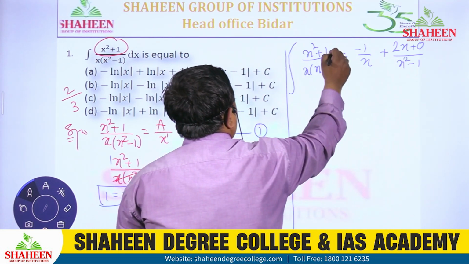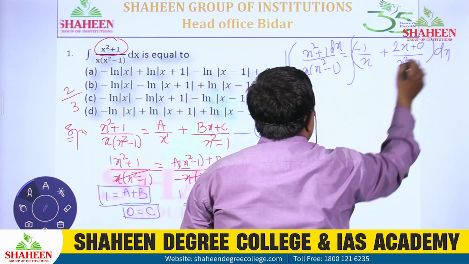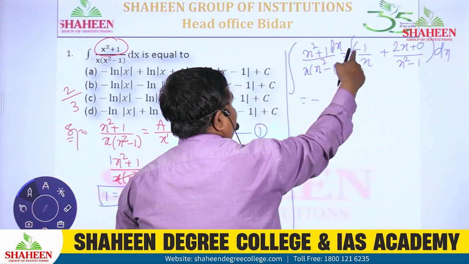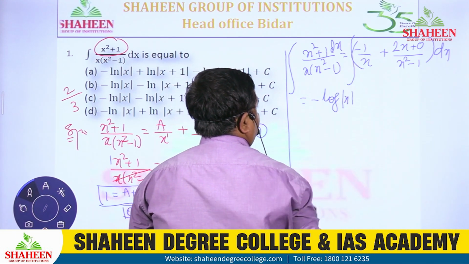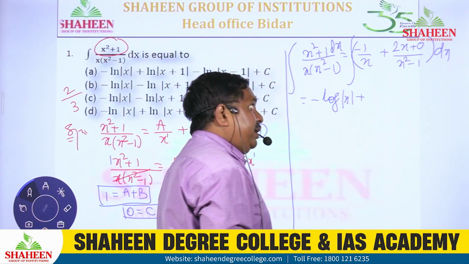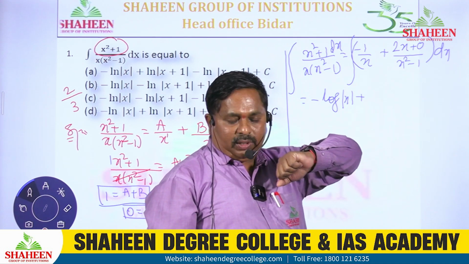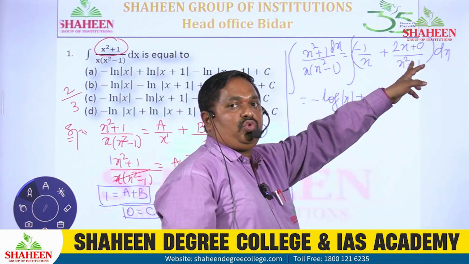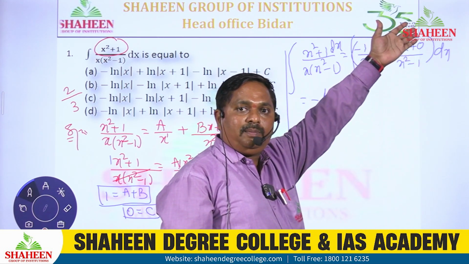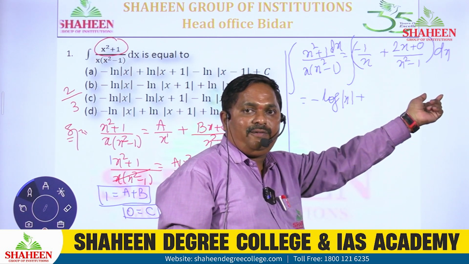On integration dx, minus as it is, 1 by x integration is log x, plus the numerator only 2x is remaining and the denominator is x square minus 1. What is the derivative of x square minus 1? 2x. That is in the numerator. It means the numerator is f dash of x and the denominator is f of x.